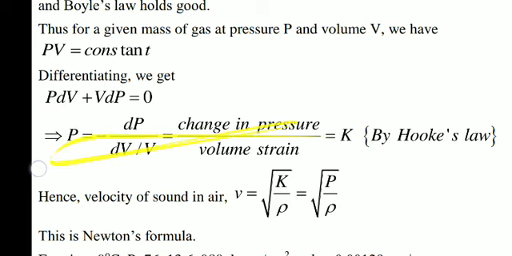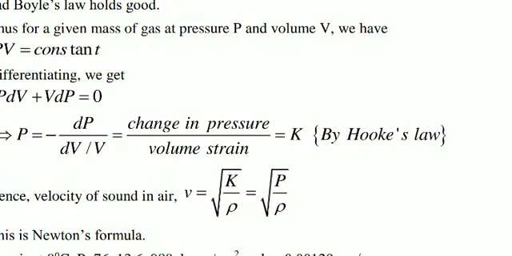Earlier we noted that the formula for the velocity of sound in air was V is equal to under root of K by rho, and we told that it is very difficult to determine the value of K. So we have found an indirect method. Instead of determining the value of K, we will determine the value of P, because P is equal to K for this air gas medium.